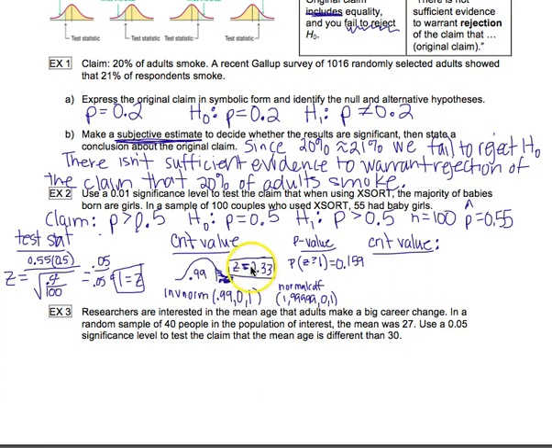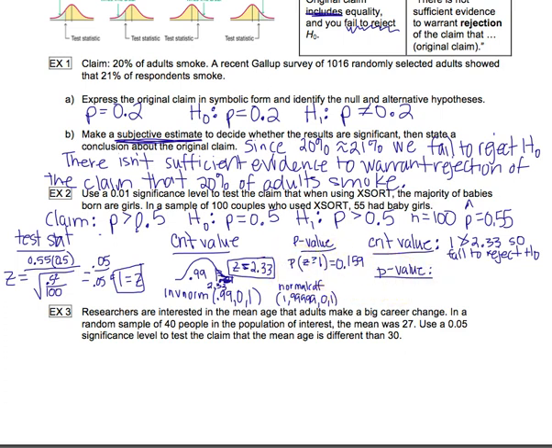And the critical value, this cutoff right here, is 2.33. So we're only going to be in the rejection region if our value is bigger than 2.33. So in this case, 1 is not bigger than 2.33. It's not in the rejection region, so that means that we fail to reject our null hypothesis.